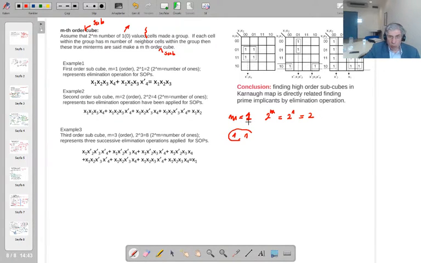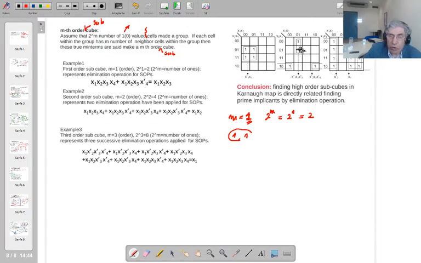Why 1 neighbor? The order determines the neighbor number. For example, consider this one. This one is neighbor to this one, and this one is also neighbor to this one. So for each one there is 1 neighbor. Then these 2 ones make a first order subcube.